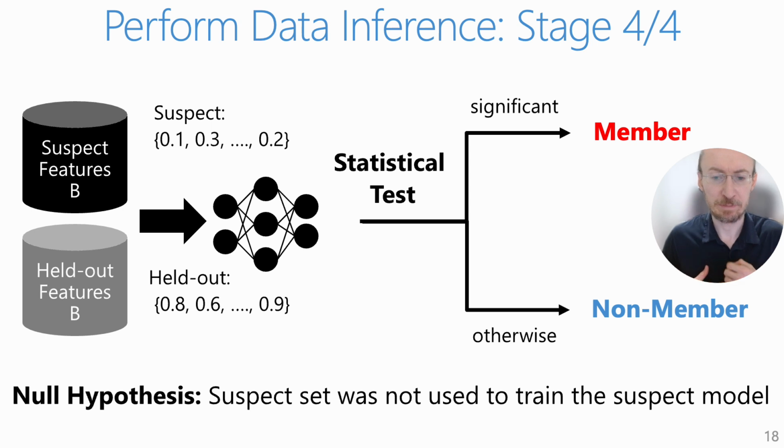If the statistical result is significant, then we give a verdict that the given data set was used to train the model. Otherwise, the data set is marked as non-member, meaning it was not used to train the given LLM.